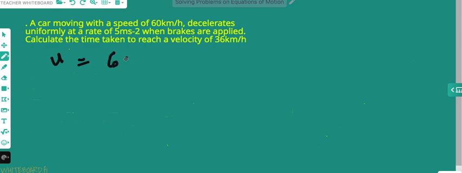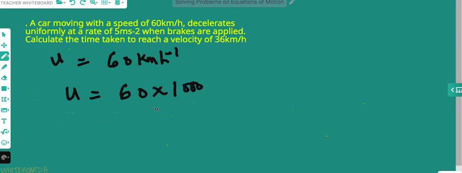We have to convert 60 kilometers per hour to meters per second. So u equals 60 multiplied by 1000, since a kilometer is 1000 meters, divided by per hour. You have to convert hours to seconds, so that is 60 for hour to minute, then multiplied by 60 again for minute to second.